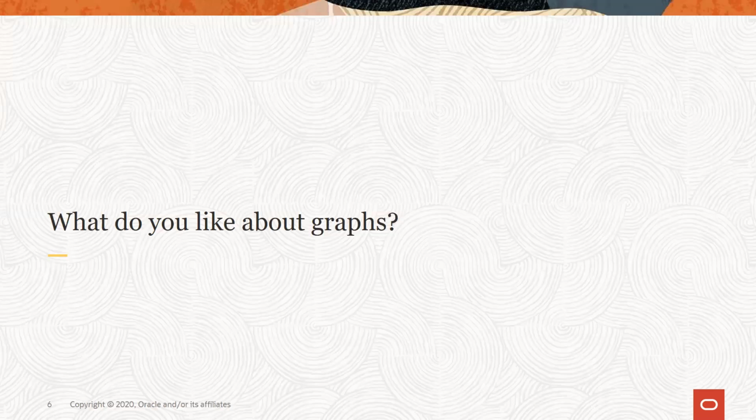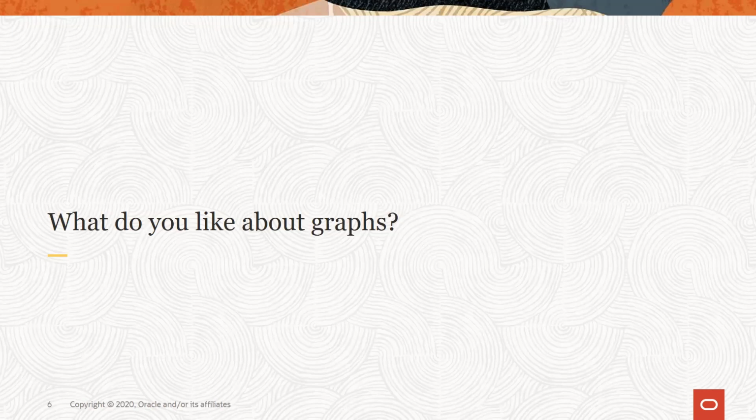Mm-hmm. Yeah, you also mentioned the easy modeling. This is one of the things which I personally find fascinating about graphs. All you need is a blank sheet of paper. Contrary to relational databases, where you do all your ER modeling up front and spend a lot of time setting up your environment, with graphs you can just get started.